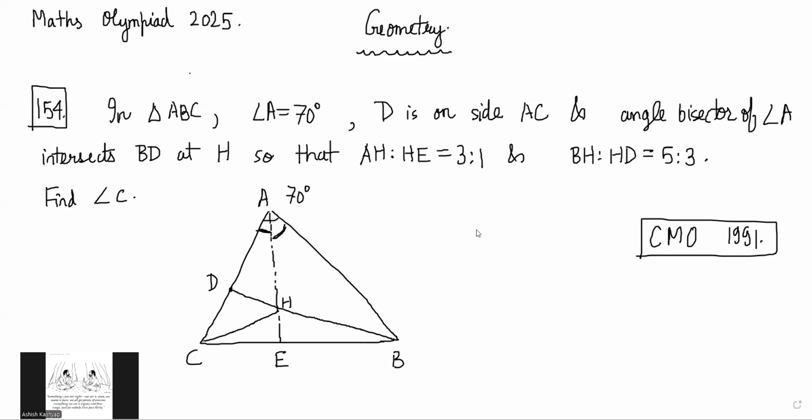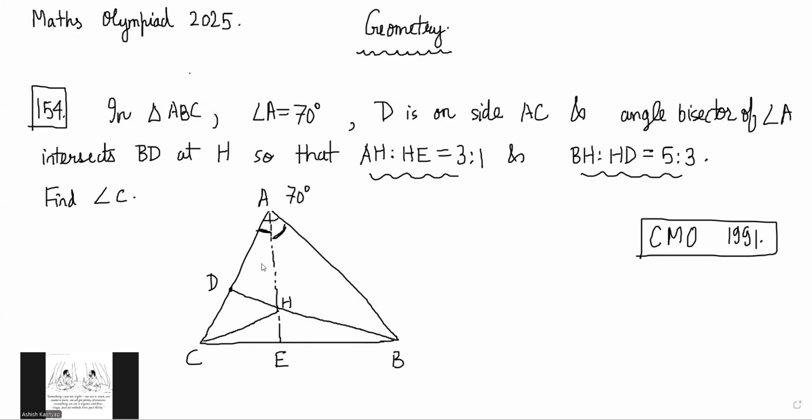Also, see the ratio of the sides are given. So when the ratio of sides are given, it is possible to find the ratio of areas of triangles.